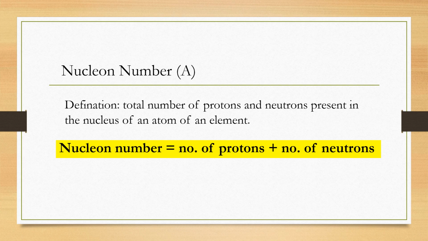The atomic number tells us there are 9 protons in the nucleus. The mass number tells us the nucleus contains 19 particles in total. Since 9 of these are protons, the difference is 19 minus 9 equals 10 neutrons.